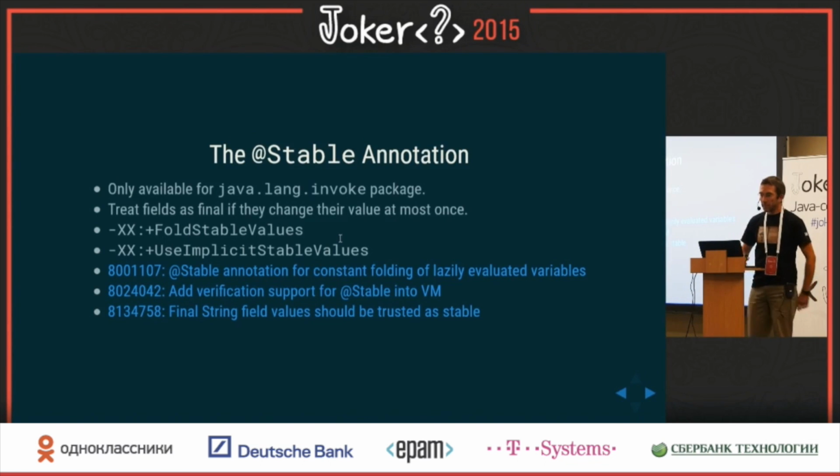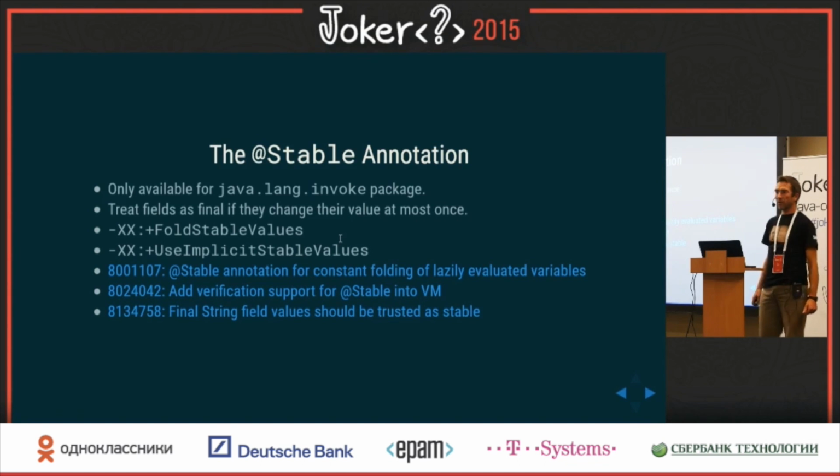Okay, so what can we do to prevent all these problems? One way is to remove Unsafe. We could also track final changes in JNI. We could also restrict access to finals in reflection.